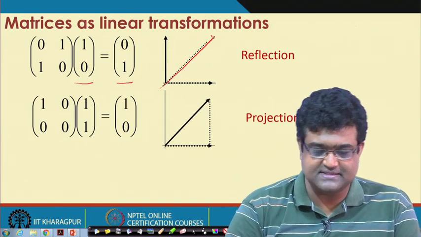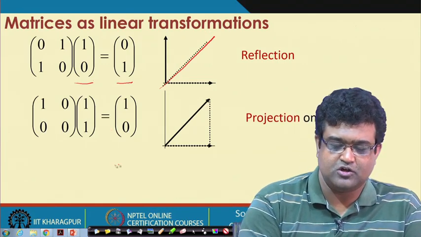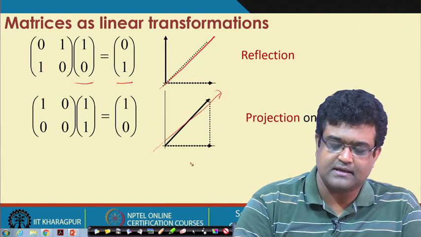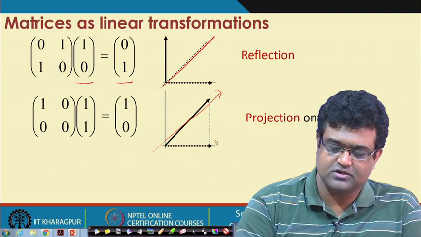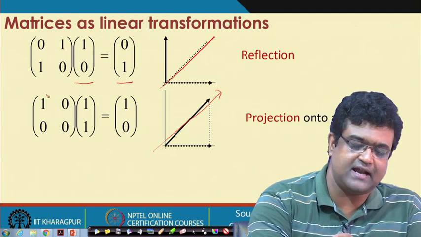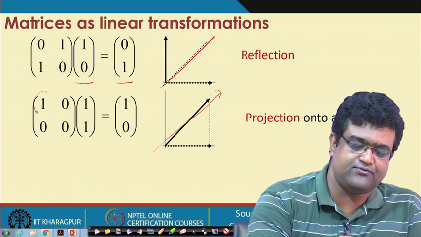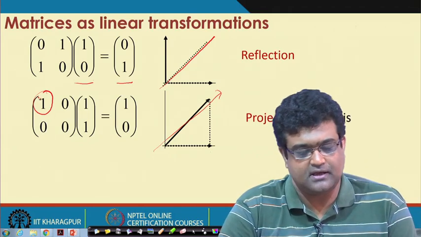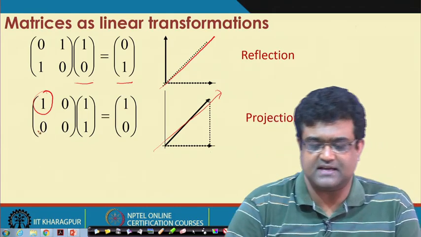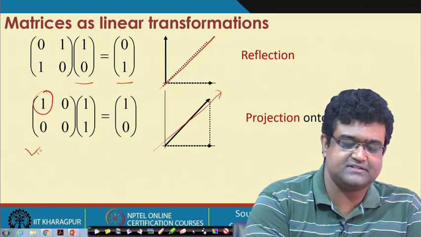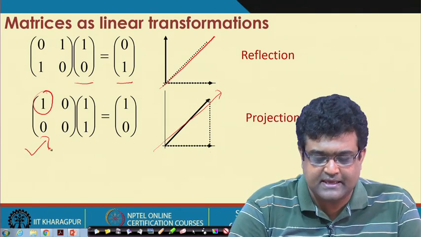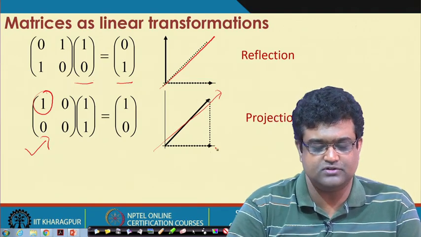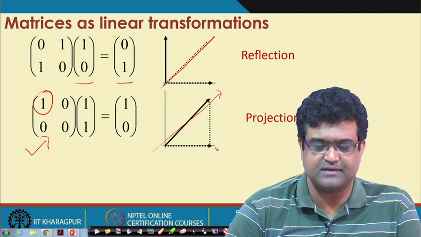Another matrix is the projection matrix, which takes, for example, this vector 1 1 and projects it onto the x axis. Note that there is a 1 in the first entry and all the other entries are 0. Such a matrix would take any vector and project it onto the first dimension.